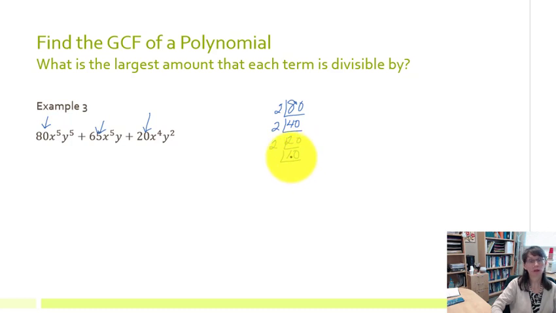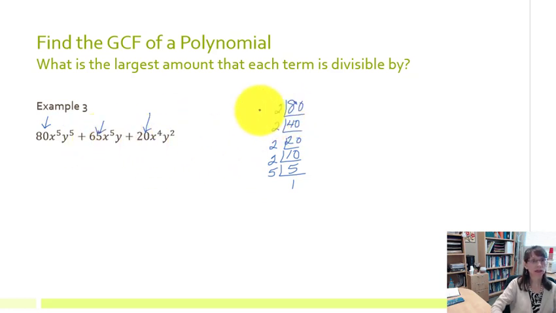And I might as well keep using 2. That would leave 5. But now 5 is not divisible by 2. So the next prime number that 5 would be divisible by is 5. 5 divided by 5 leaves 1. So along this edge, 2 times 2 times 2 times 2 times 5, those are the prime factors of 80.